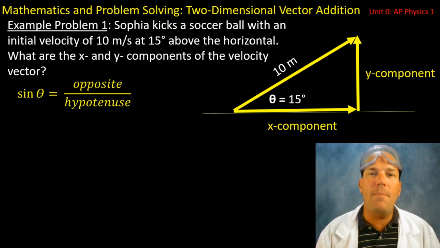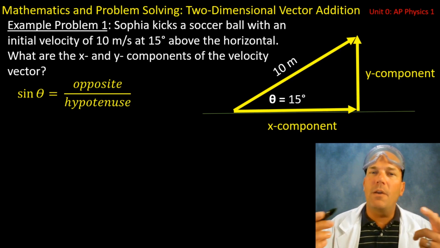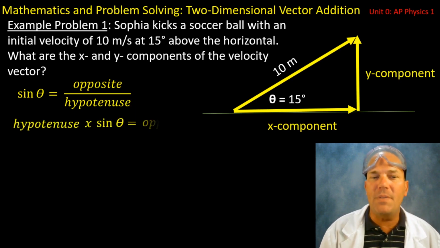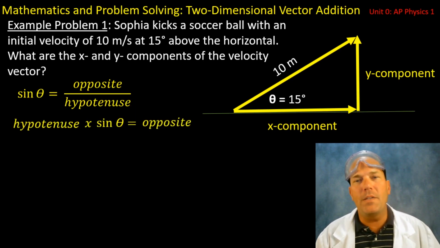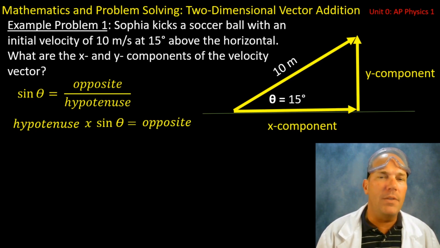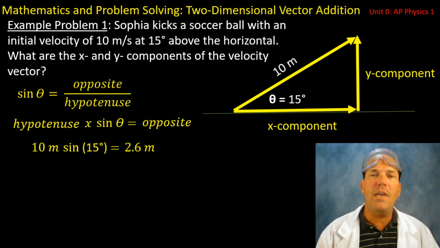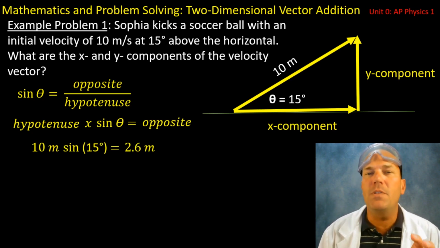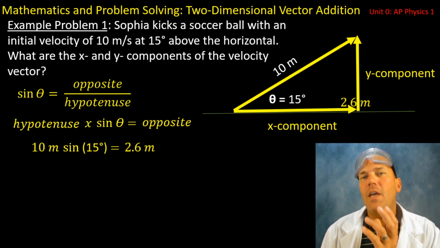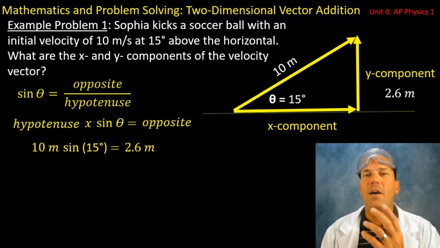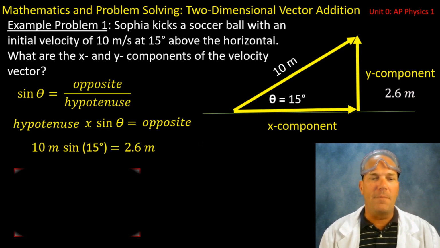Well, we know the hypotenuse, and you know that we can rearrange this to solve for the opposite side, which corresponds to the y component here. So if I multiply the hypotenuse of 10 meters times sine 15, I can solve that to be equal to 2.6 meters. And we've just now found the y component of the vector velocity.